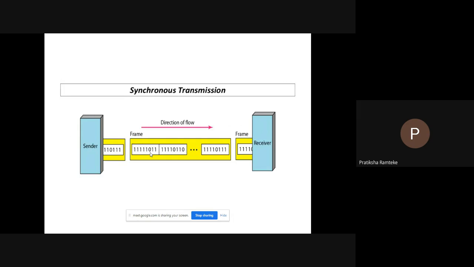In asynchronous, there is a gap between the data, but in synchronous, there is no gap. In synchronous transmission, data flows in full duplex mode, and in asynchronous, the data flows in half duplex mode.